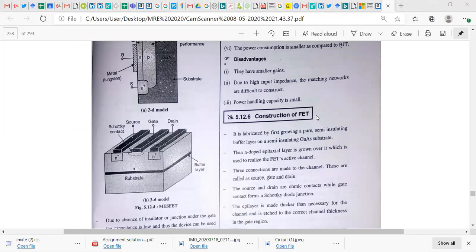So they have low power consumption than BJT and they can be operable at higher frequencies. It's not the answer.